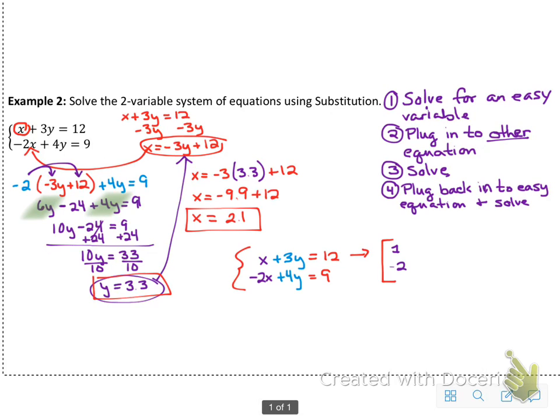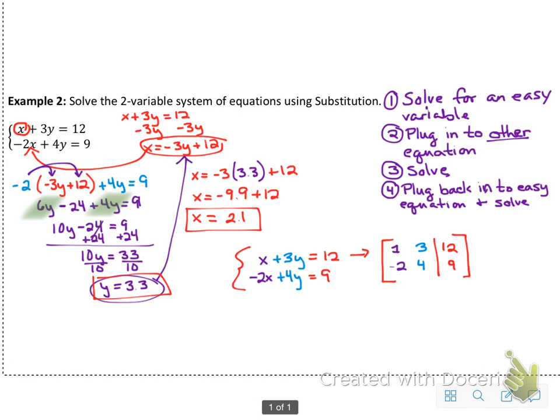Now onto the blue column. Well, the 3y, so we have a 3. And we have a 4y, so we have a 4. And then our line for the equal sign. And then our red column. So 12 and 9. So that's how you set up a matrix. That's it. So now you have seen elimination, substitution, and writing things as a matrix.